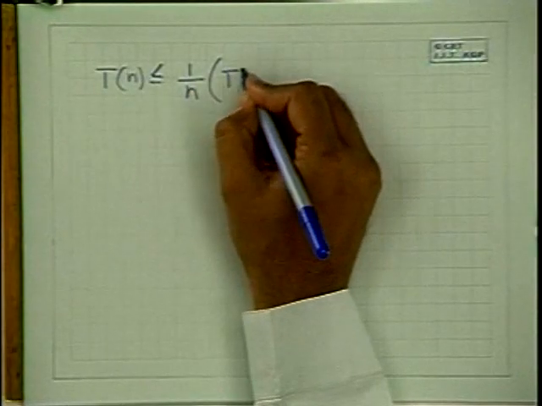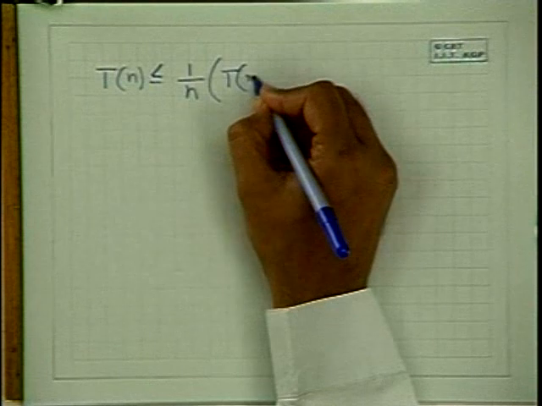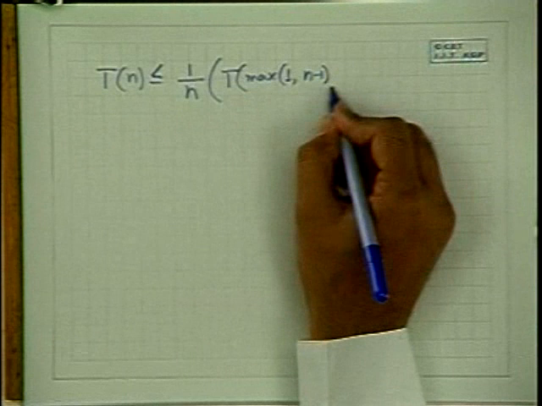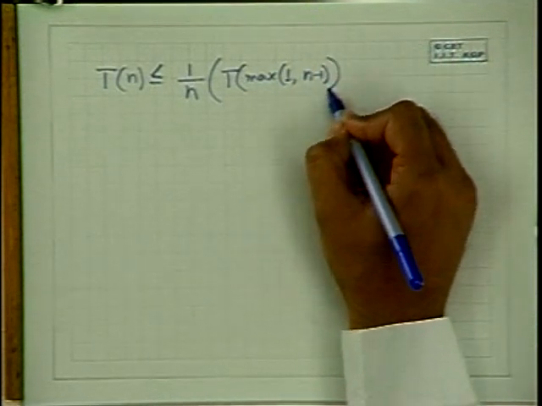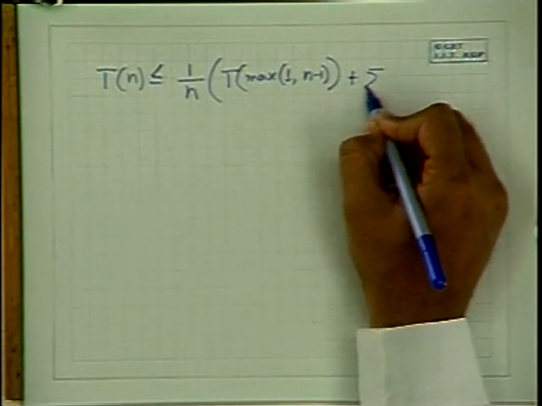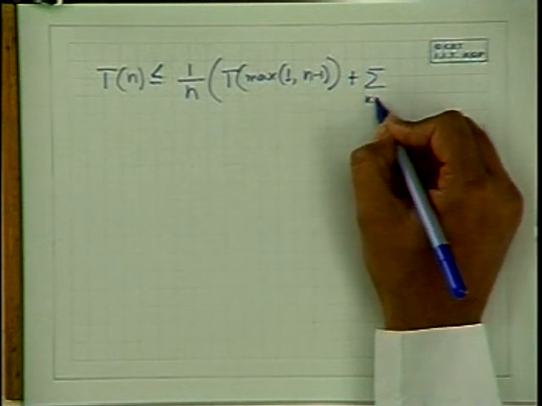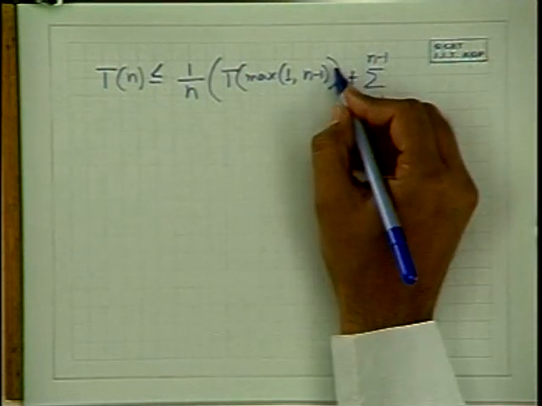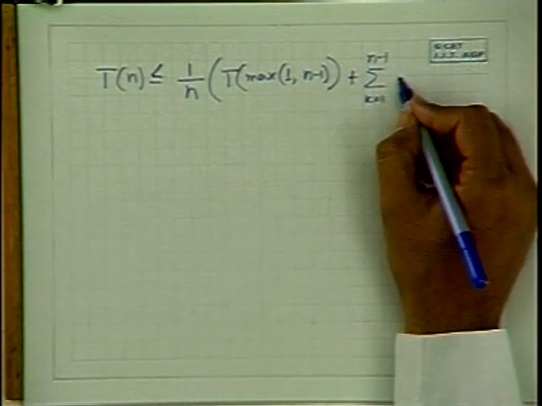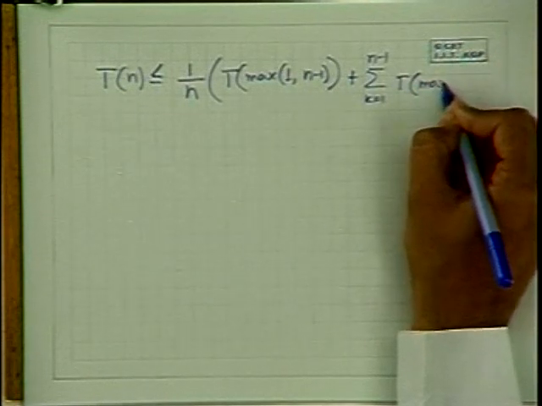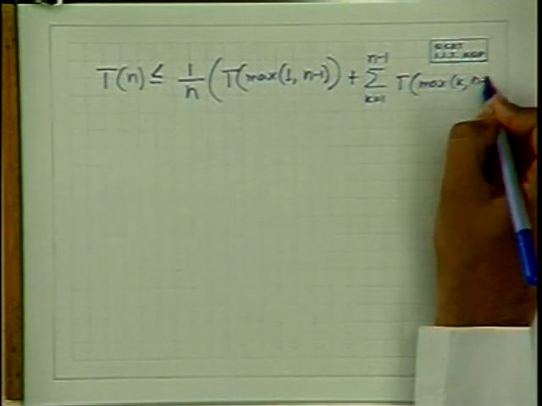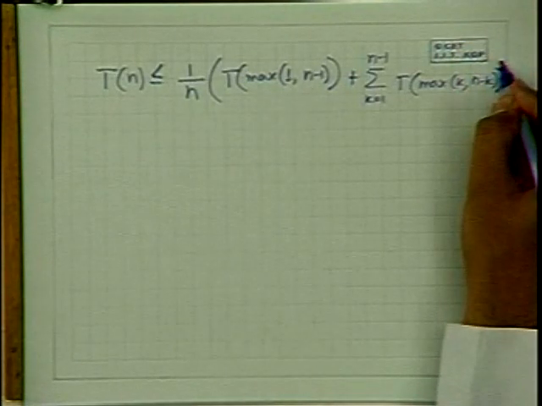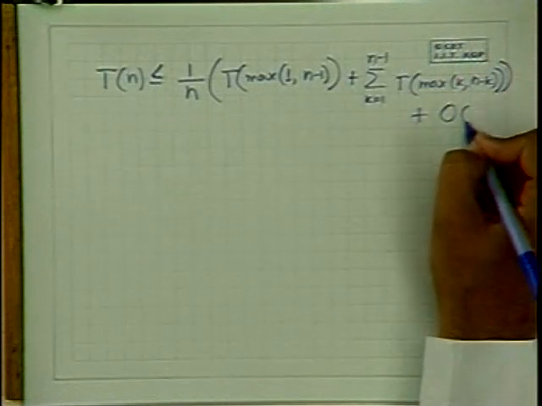Now let me write this particular case a little bit differently. Max of T1, Tn minus 1. This is a particular case, two cases. Plus sigma k is equal to 1 to n minus 1 of T of max of k, n minus k, and this plus order of n.